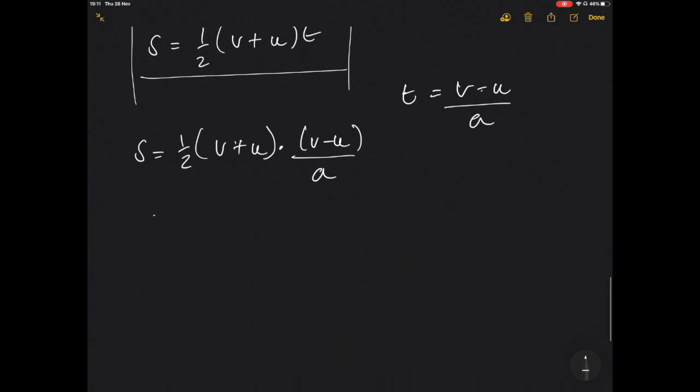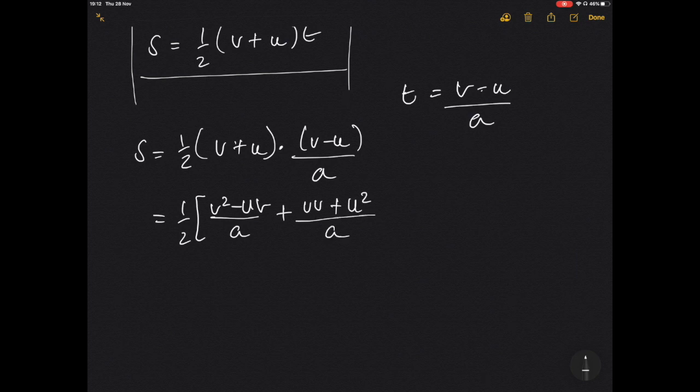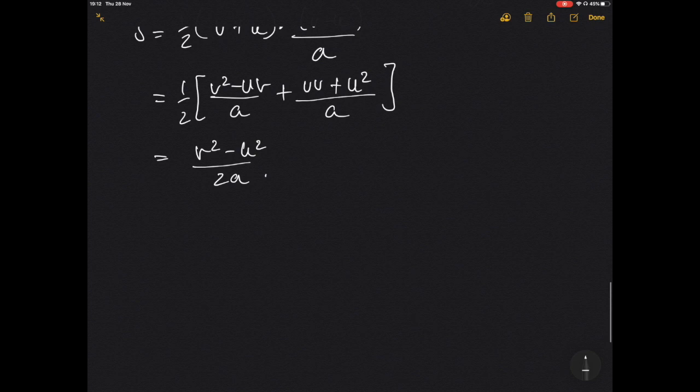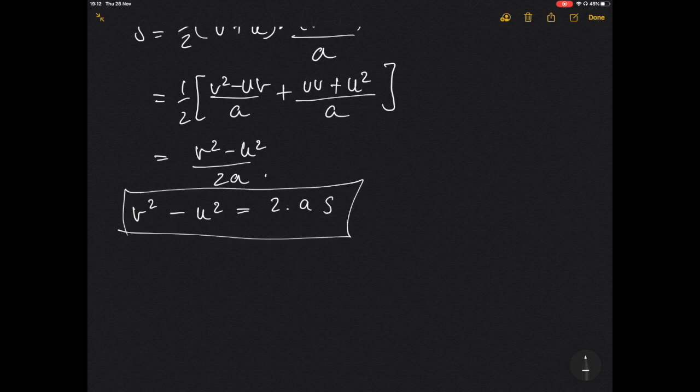And then we get some brackets here. We'd say that is equal to a half, expand that out, v squared minus uv all over a plus uv plus u squared all over a. And that would then equal v squared minus u squared all over 2a. So we can finally say that v squared minus u squared equals 2 times a times s. And that's our next equation.